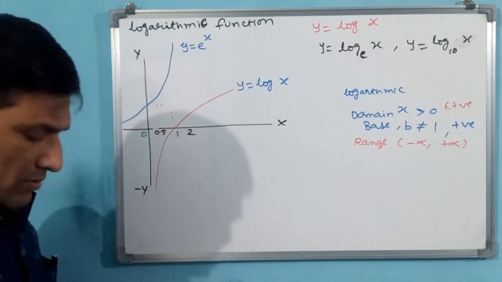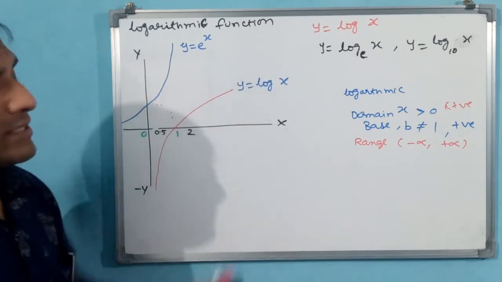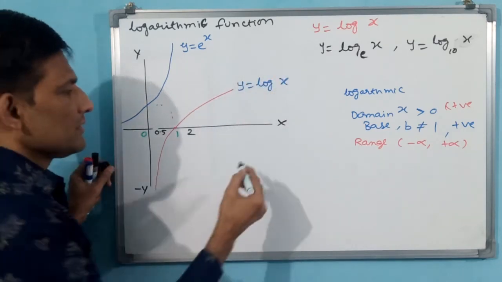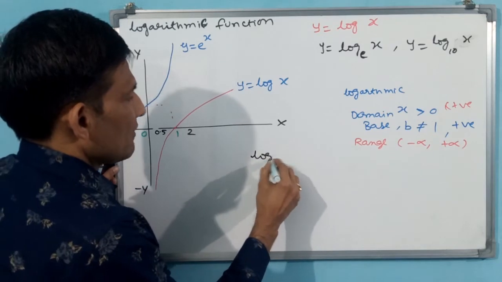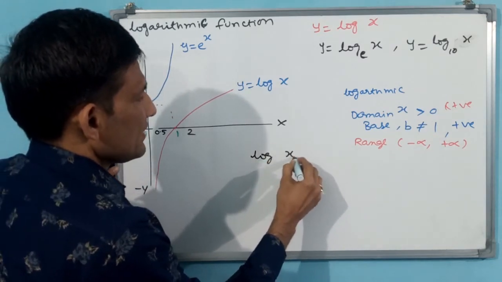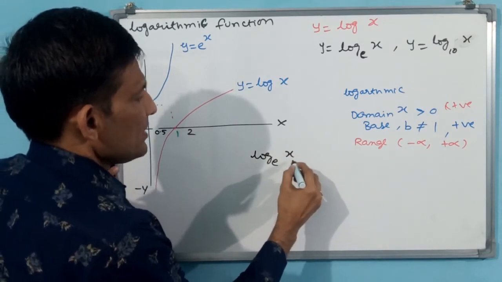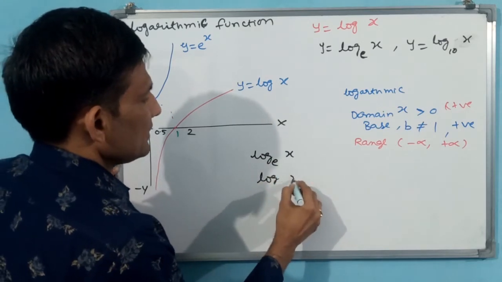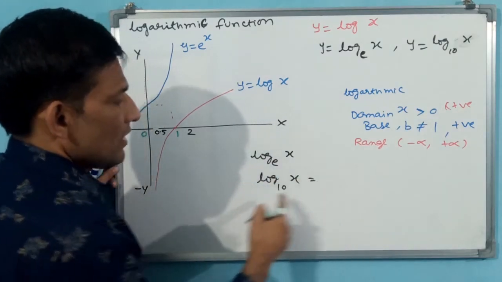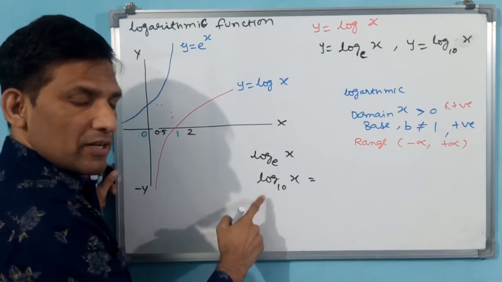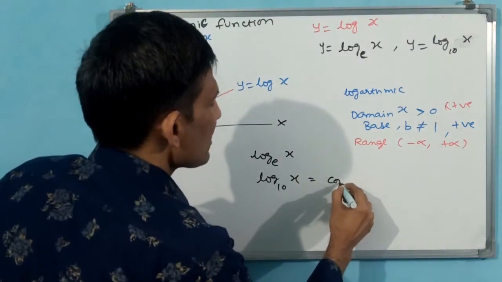Okay, now see, two terms we have already seen, 10 and e. Then you see log x to the base e, log x to the base 10.